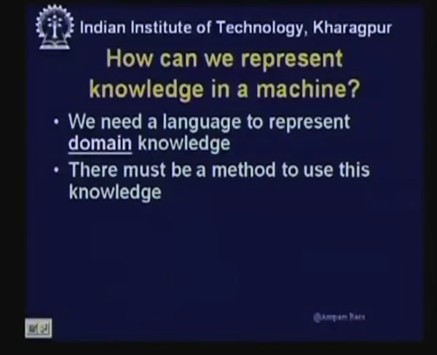Hence, we must first have a language, no doubt about it, but also there must be a method that will be able to use this knowledge. So, if we think of knowledge representation, we must think of both things. One is a language, another is a viable method that can be executed in a machine so that it can read the language, understand the language and act according to the knowledge that has been expressed in that language.